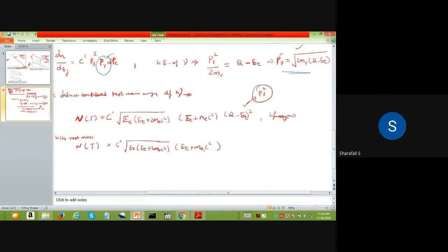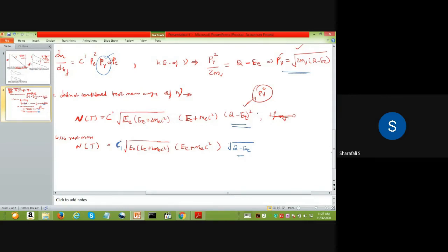So if you substitute that, I will write all the terms, but I should not use the same coefficients. So I will use a different one, let's say C1. Then I can write this as root of q minus E. So the difference comes in this term and this term. Why should I not write the same coefficient?